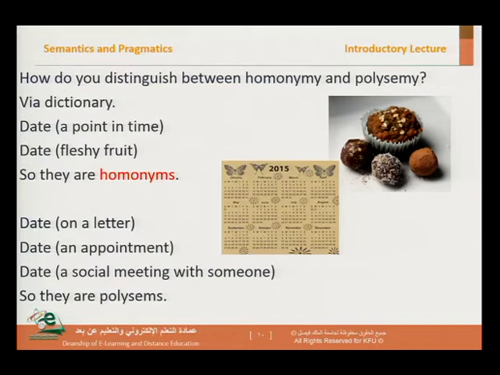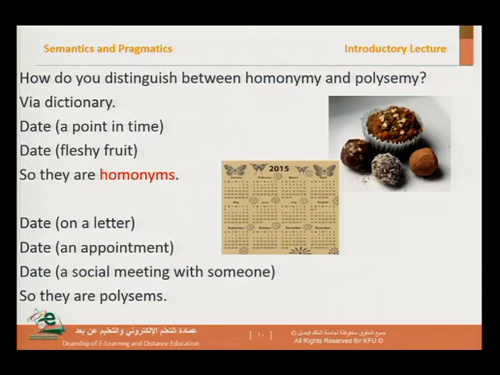If we look at this in this way, it's basically homonymy. Why? Because these are two words having the same spelling, same pronunciation, but unrelated meanings. So only if we look at date in this way, like this is a point in time and this is a fruit, we call them homonymy.